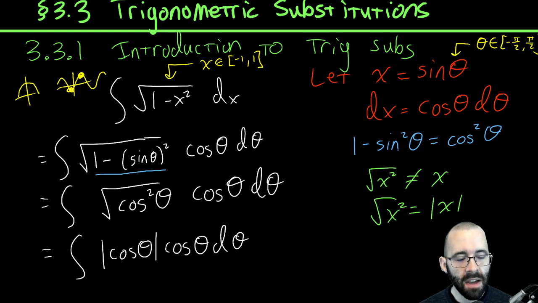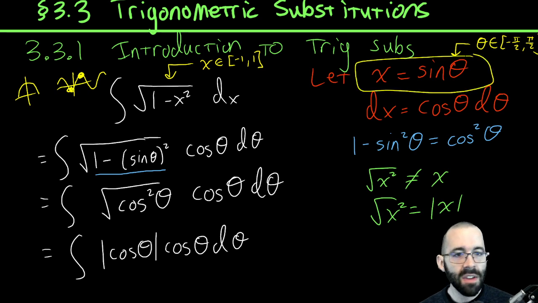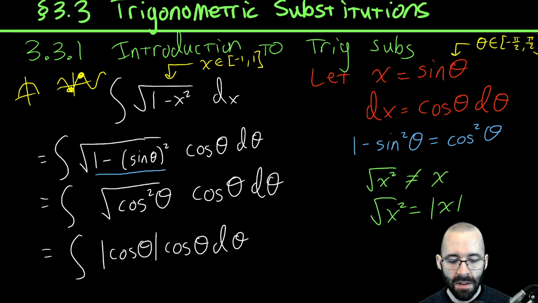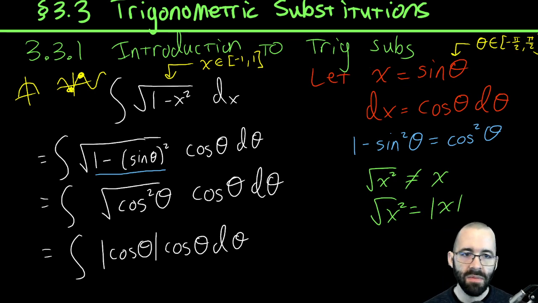I know this is lots of pre-calc, domains and ranges and trig, but there's a point, right? X is between negative 1 and 1. So if theta is in this region, then we've got everything covered. We're getting all the negative 1s to 1s, and we're not duplicating anything.